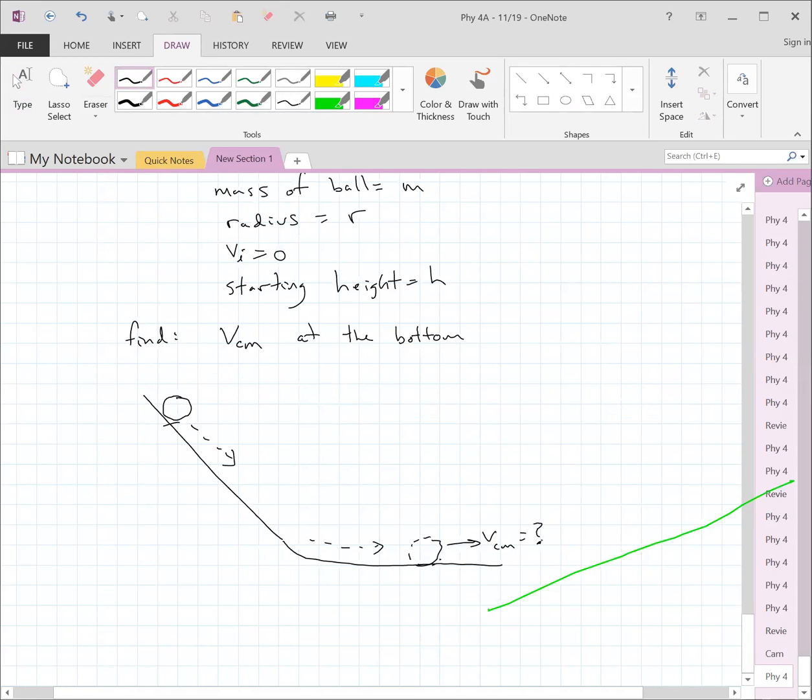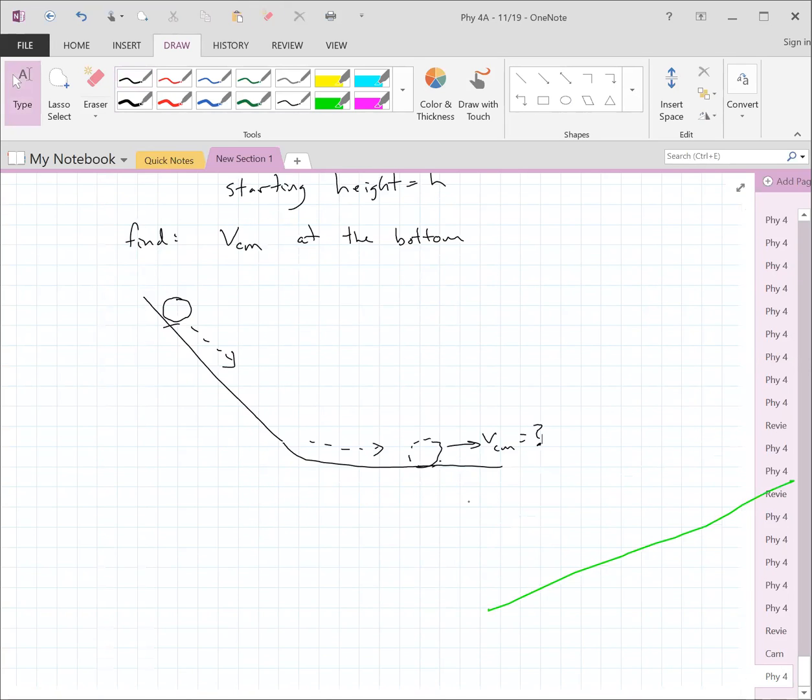Okay? What we're trying to do is link omega, the rotational velocity, to V center of mass. And so we're going to say that V rim and V center of mass are the same. You'll see in a minute when we get there.